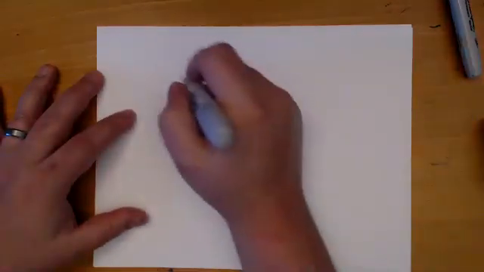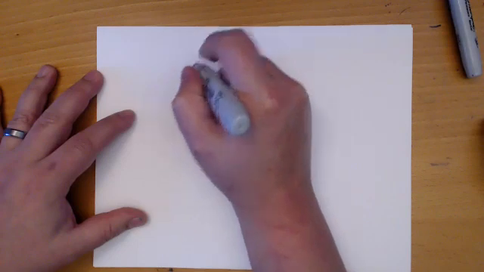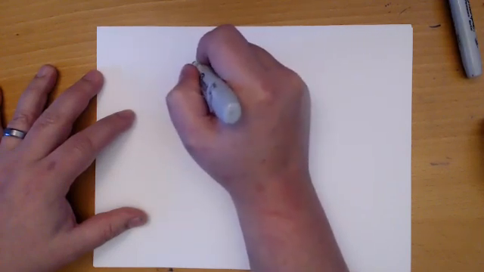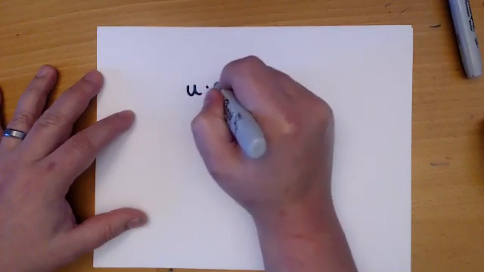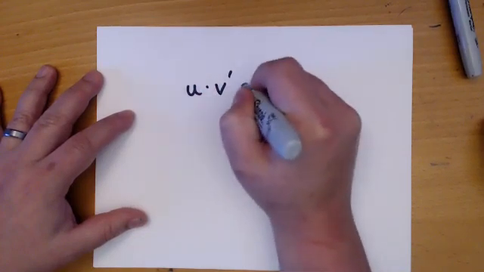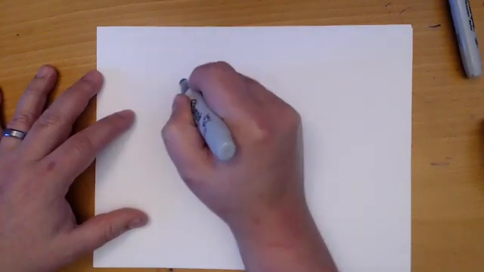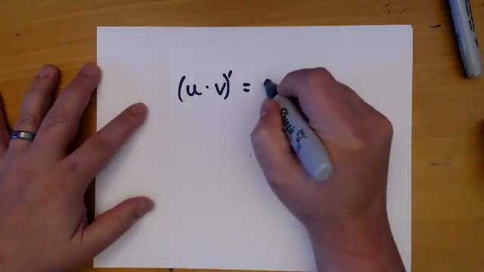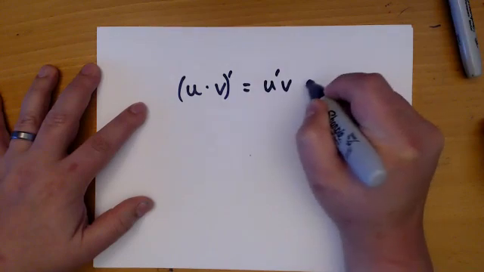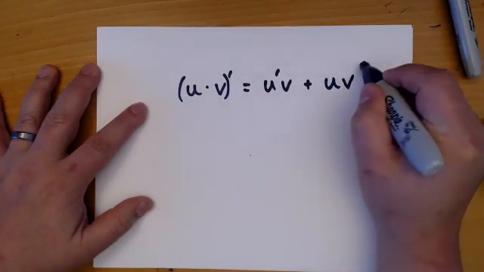So first of all, I'm going to do the very quick derivation of it, okay? Let's say I've got two things, u and v. If I take the product rule of this, it's the derivative of u, leave the v alone, plus leave the u alone, and then take the derivative of v.